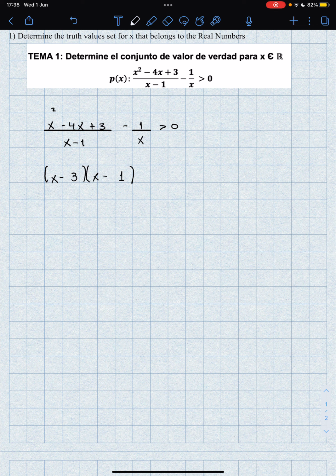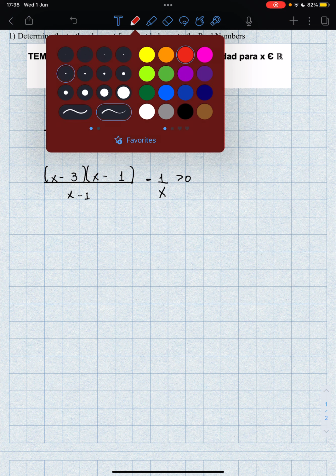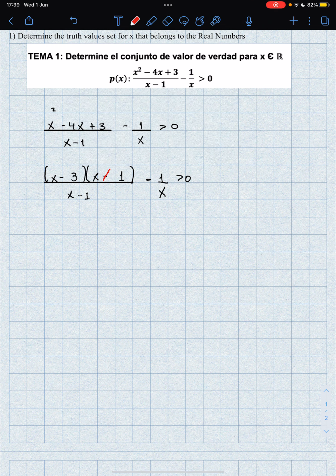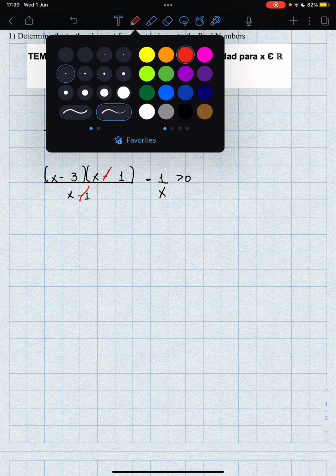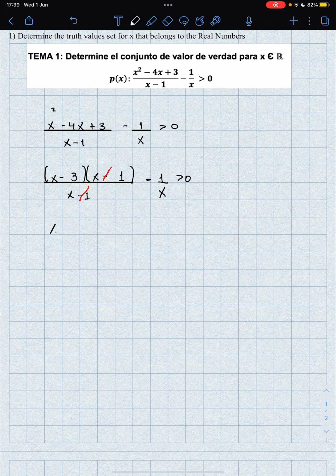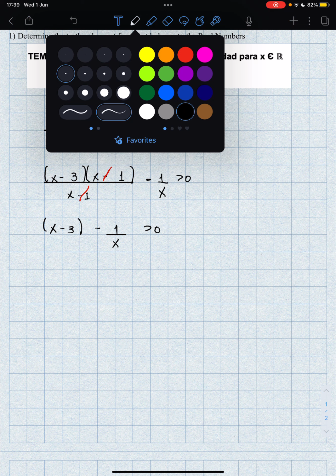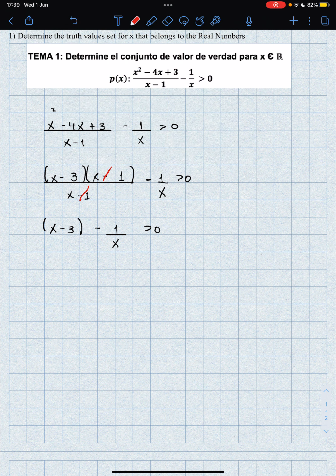Okay, so this is gonna be divided by x minus 1, minus 1 over x, greater than 0. As we can see here, we can simplify this expression, and we're gonna have x minus 3 minus 1 over x.